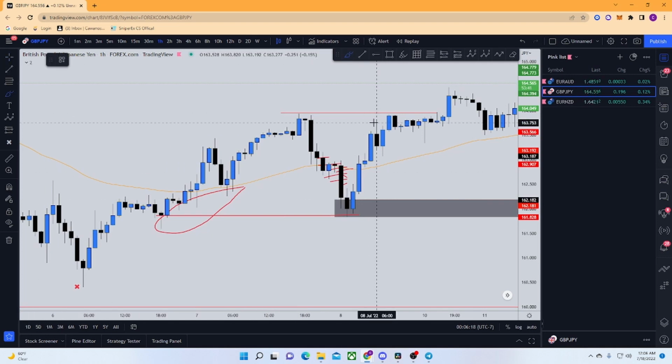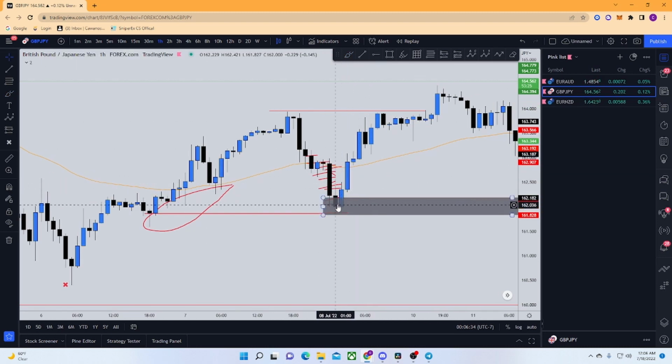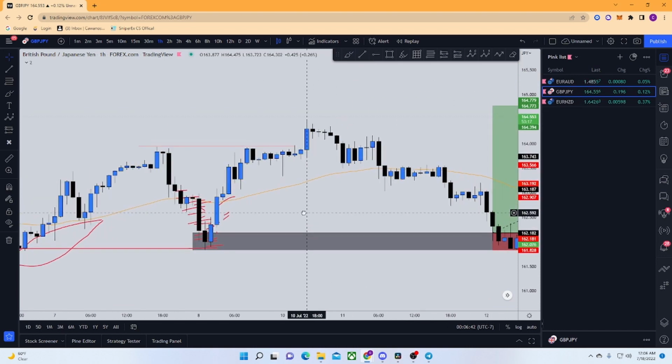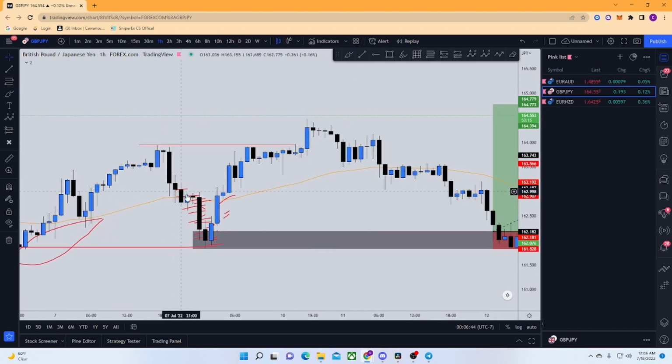This is when we see banks place all these sell orders, and then place even bigger orders on the buy side to push the market up in the opposite direction.